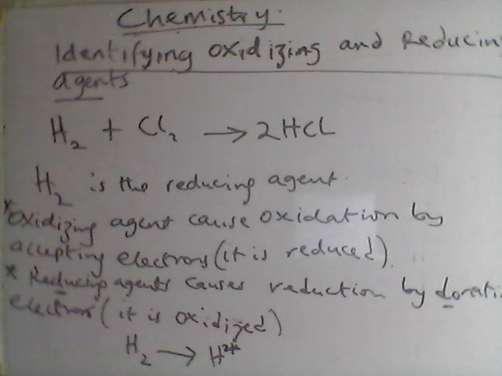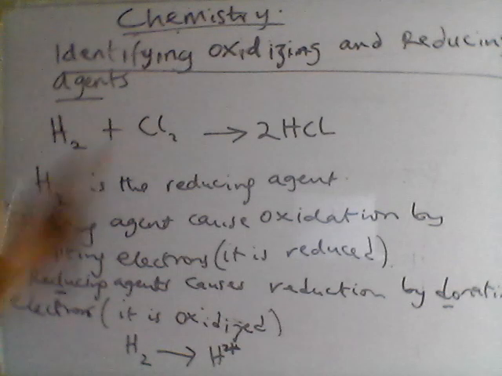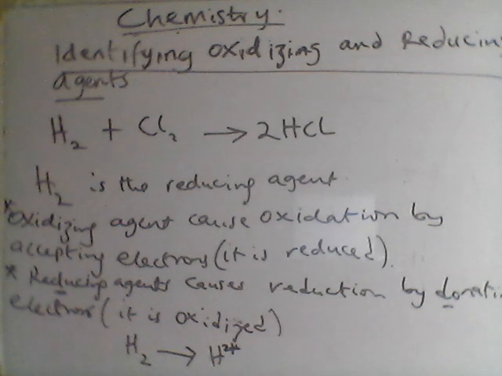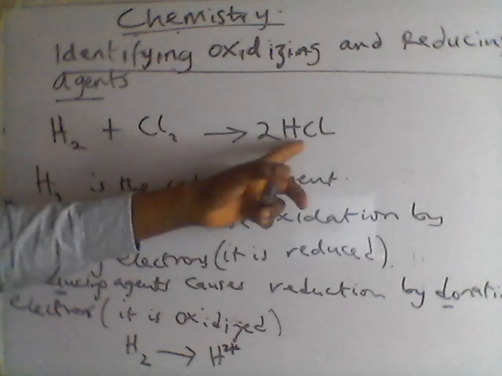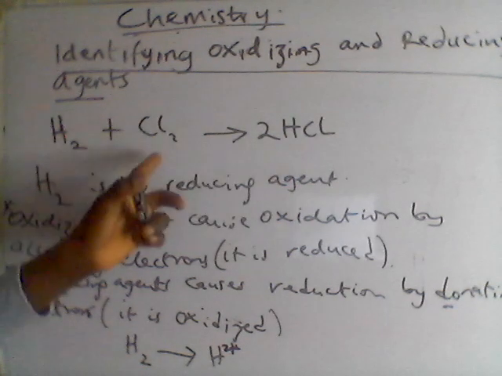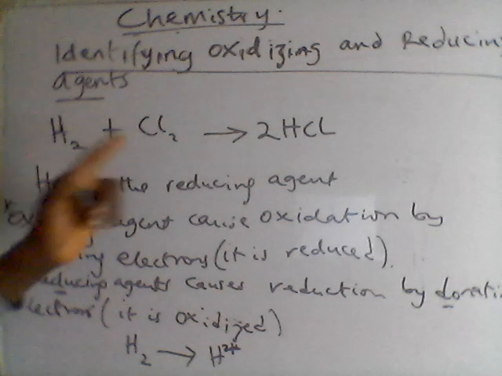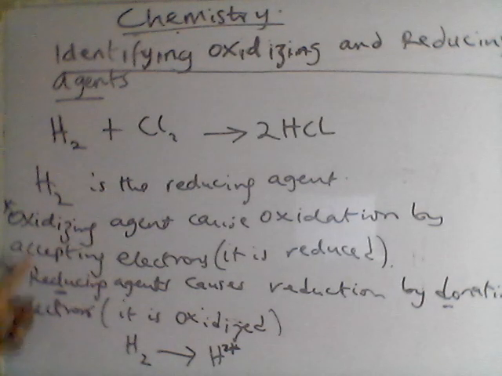But chlorine actually became negative by accepting electron. So chlorine is the one that accepted electron. All right, so let's go to the next one.